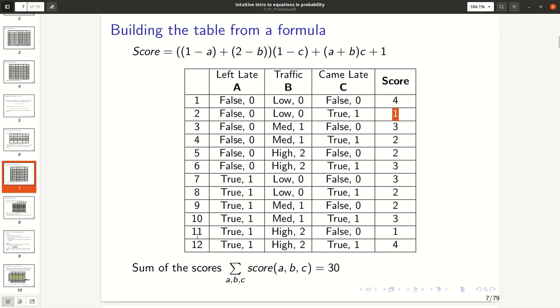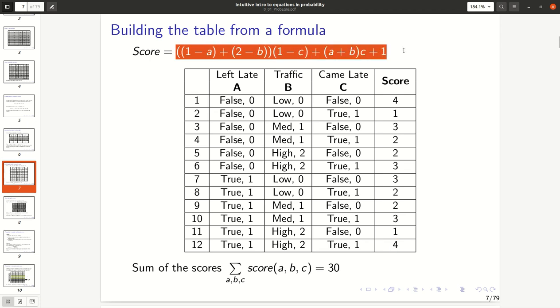Similarly, if we check rows 11 and 12, we can see that when the traffic is high and the employee left the office very late the previous day, the chance of coming on time is very low, it's 1, and the chance of becoming late is 4. This is very logical. So this scoring function is very logical.